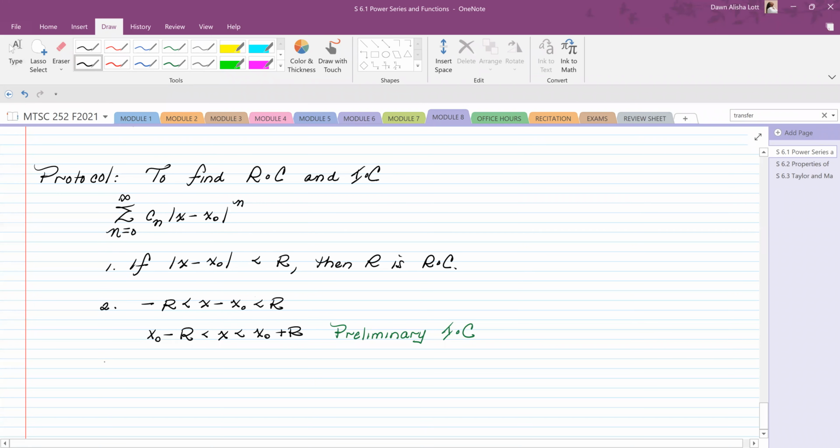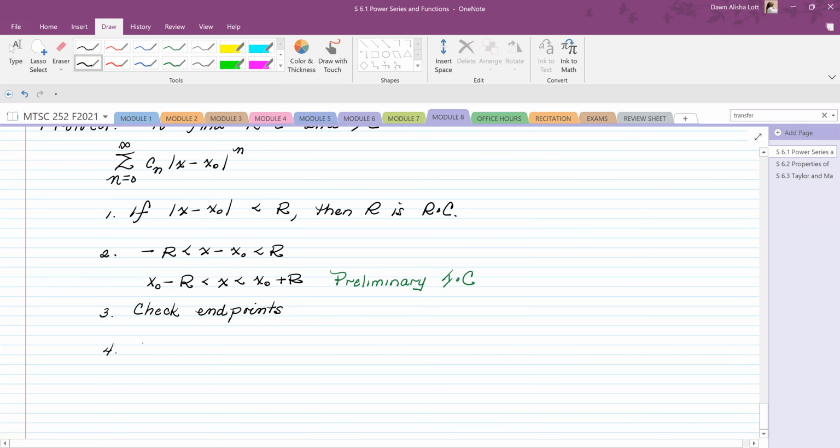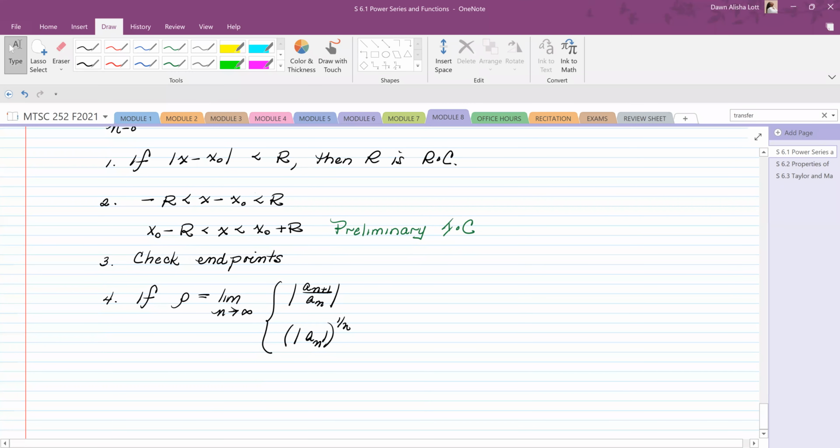And then the last part: check your endpoints. If you find your rho, equal to the limit as n approaches infinity, either using the absolute value of a(n+1) over an, or the absolute value of an to the 1 over n.